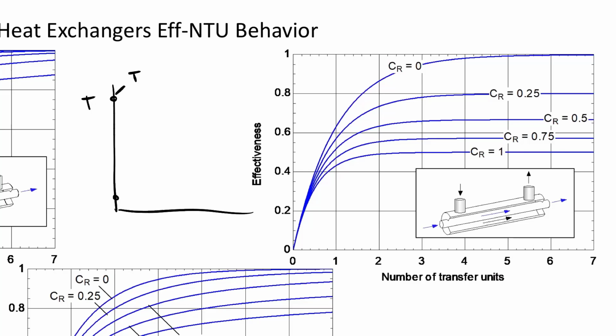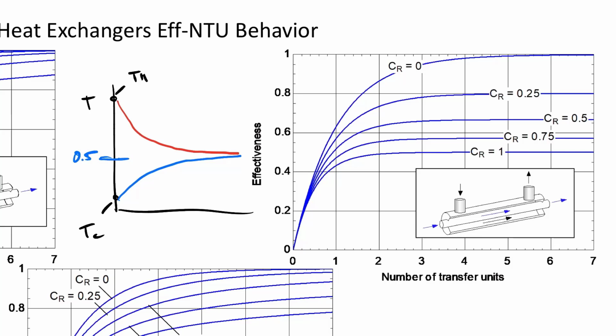This would maybe be TH, this would be TC. If it's perfectly balanced, your capacitance rates are equal to each other, what would you expect the temperature to look like? It would be hot coming in like this, and cold coming in like this. And they all converge to each other at the outlet. If it's perfectly balanced, that's going to be exactly halfway between those two temperatures.